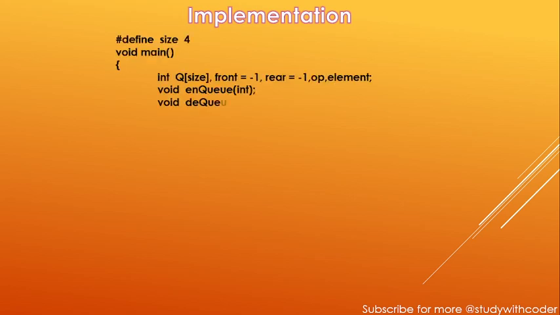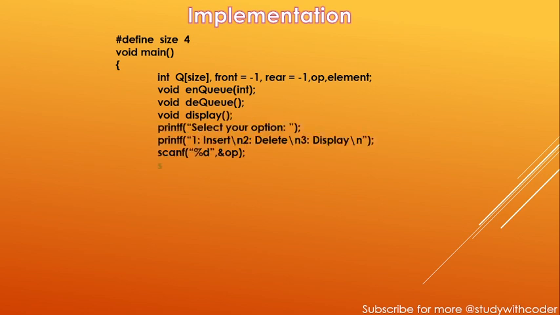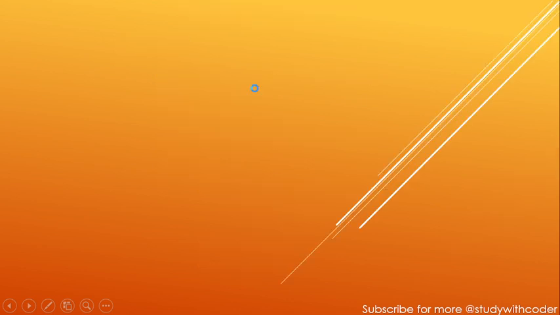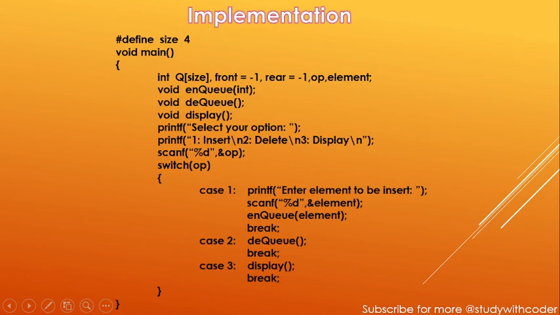So, the implementation of a queue. As we know the code, you can see here we declare a #define SIZE 4, the queue of that size, front equal to -1, rear equal to -1. op is the option, and element is the element to be inserted.